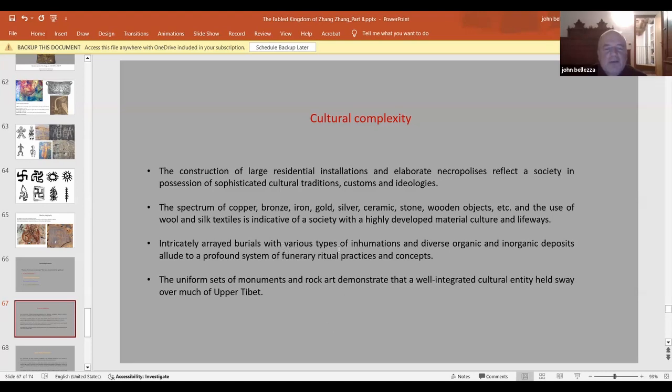Intricately arrayed burials with various types of inhumations and diverse organic and inorganic deposits allude to a profound system of funerary ritual practices and concepts. The uniform sets of monuments and rock art demonstrate that a well-integrated cultural entity held sway over much of Upper Tibet.